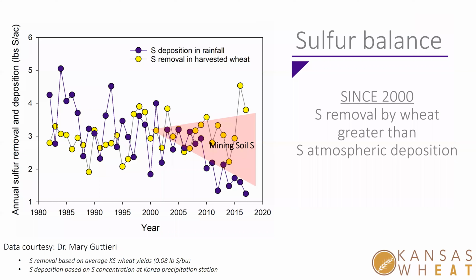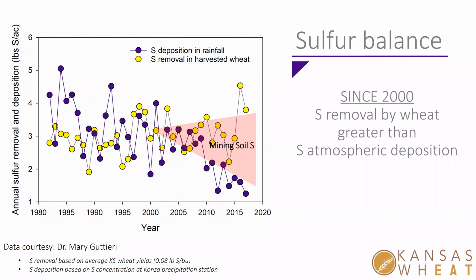And the sulfur project that I mentioned being very important, the reason it is very important is simply that we have less pollution going up, so we have less sulfur coming down from the atmosphere in the rainfall. And simply put, since about 2000, we are mining our soils, right?